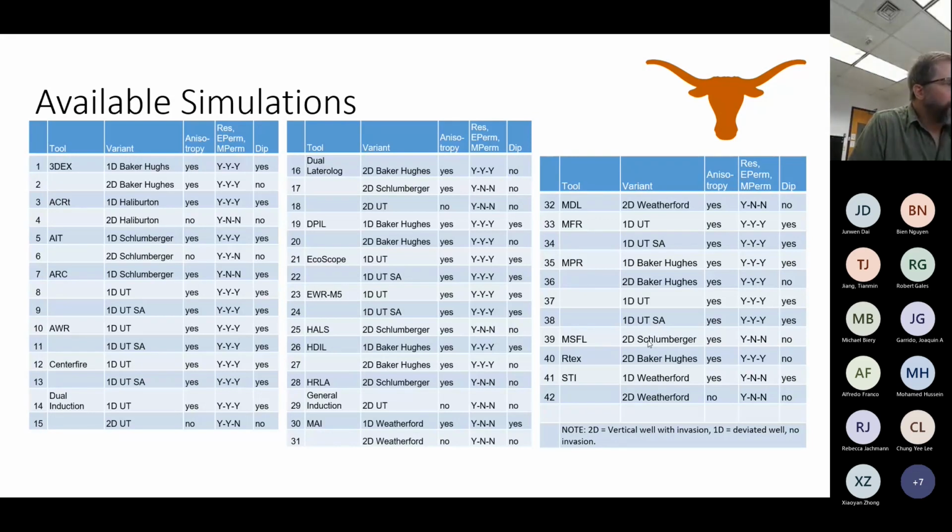Some of them will take electric permeability or magnetic permeability, and also whether or not they will take into account dipping beds or angled wells. Unfortunately, it doesn't say how fast any of these are, so you have to find that out yourself.